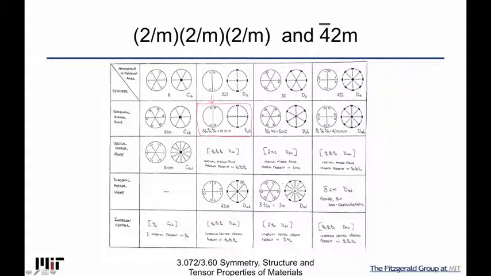When I added a diagonal mirror plane, I get another diagonal the other way, using the 2mm theorem. And looking at what it does to the motif, it transforms this twofold axis into a roto-inversion axis of 4 bar, and each direction has a mirror plane and twofold axis, so it ends up being 4 bar 2m.